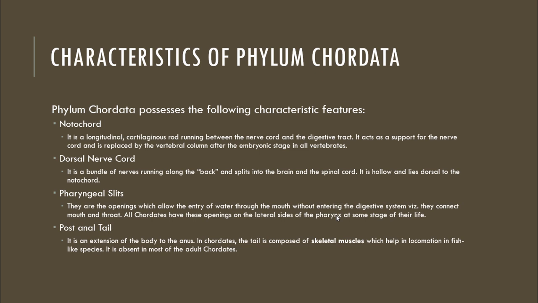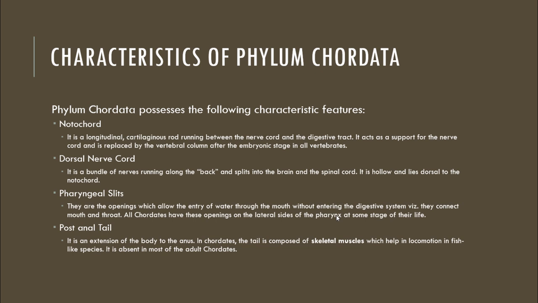It's a bundle of nerves running along the back and split into the brain and spinal cord. It is hollow and lies dorsal to the notochord. Dorsal refers to the back. So the dorsal nerve cord is what gives rise to the brain and the spinal cord in us.